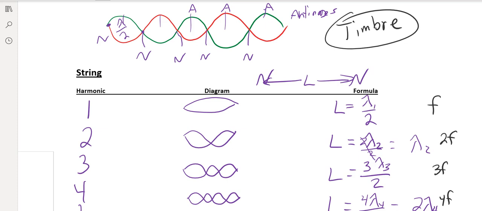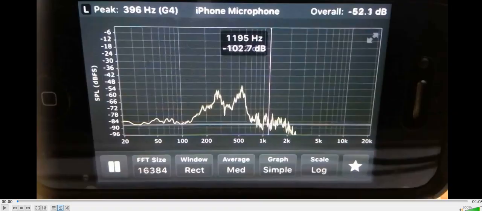But how do we actually measure those things? Well, we can actually do it in real time using a program, an FFT, do the analysis, a fast Fourier transform. The app that I have on my phone that I'm going to use is called FFT Plot, and I'm going to let you see that for these two instruments.